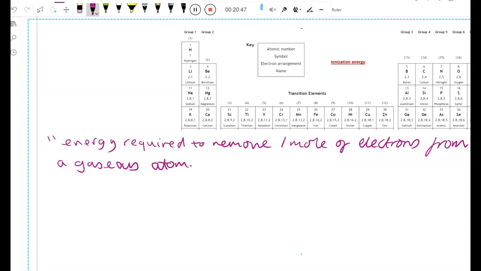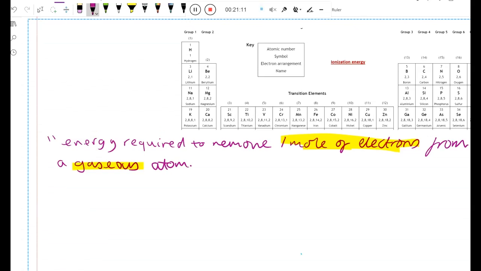Now I'm going to explain what that means. There's two things you need to be aware of. The first one is gaseous, and the second one is 1 mole of electrons. With the 1 mole of electrons, read it as energy required to remove 1 electron from a gaseous atom.